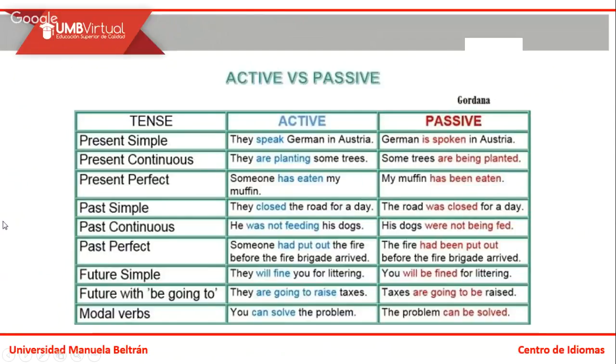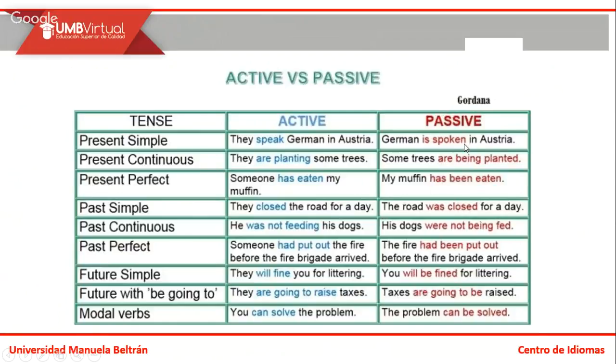Es decir, en este caso, como estamos hablando del presente simple, vamos a colocar el is, ¿ya? Of course, because German is singular, that's it. Spoken, right? En este caso, este spoken hace referencia al pasado participio de este verbo. That's why we have to use this verb. En presente nosotros utilizamos speak, verb past participle spoken.